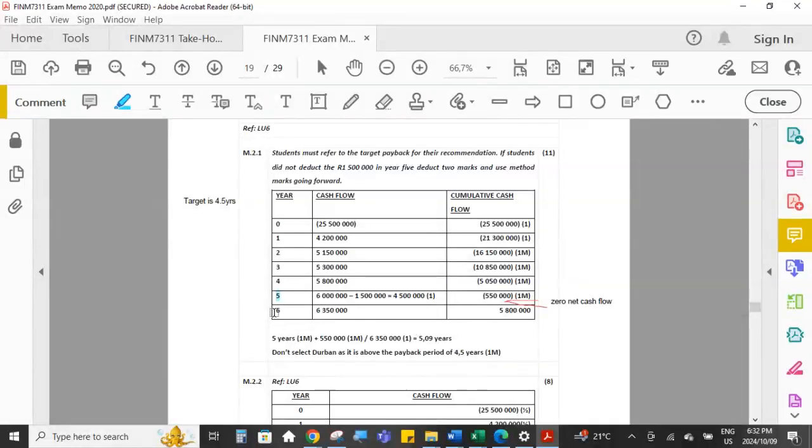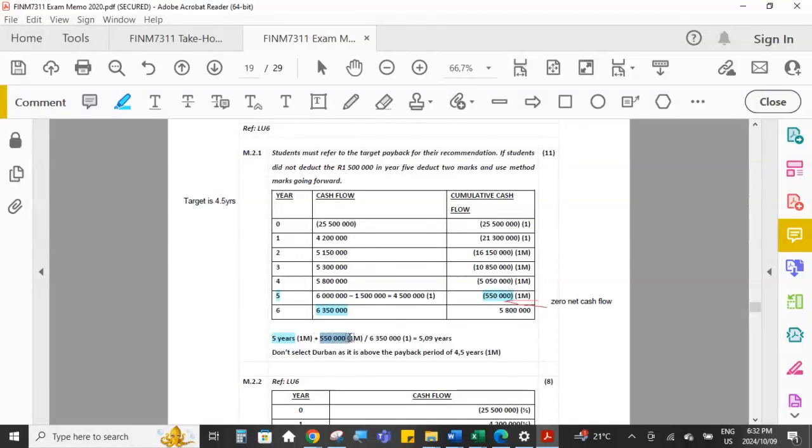The way we do that is highlight the last year that we were negative. So I highlight 5. Here's my answer, 5 years. And highlight the next rand value of the cash inflow. Then we say 5 years plus 550 as a percentage of the next cash inflow.